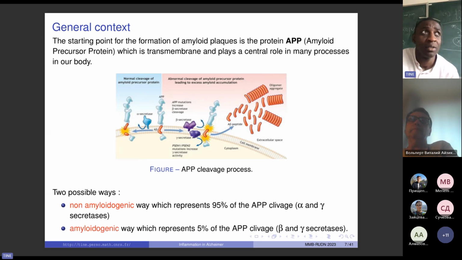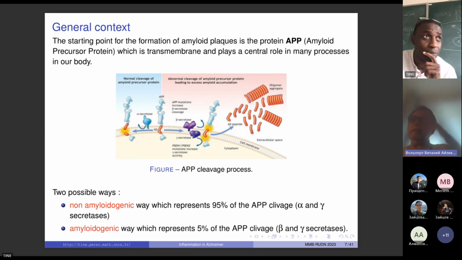That's why biology and medicine are not for this time able to explain why beta secretase acts in the place of alpha secretase. This is the big dilemma. If we knew why, this would be the beginning point of helping people who are ill from Alzheimer's. So we don't know now.